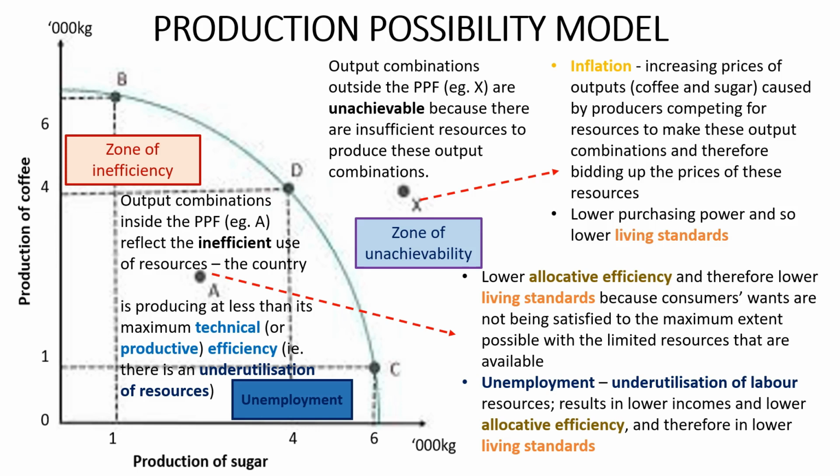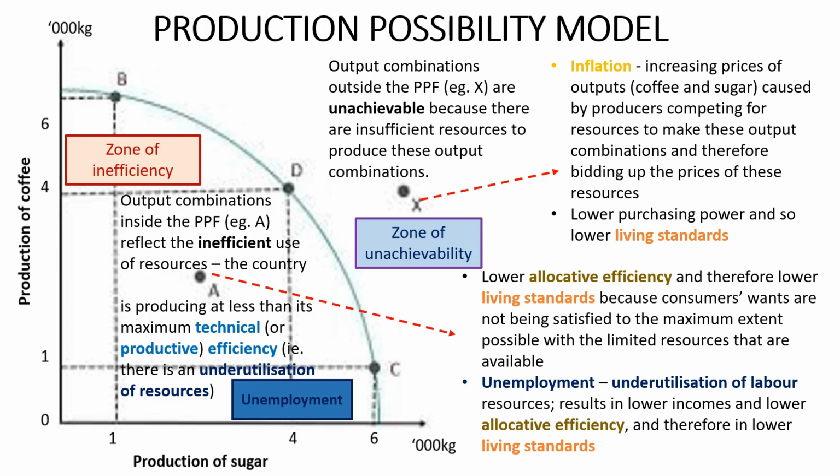For example, if the country tries to produce at point X, then the sugar producers will have to pay higher wages to attract workers in the coffee production industry to come to work in the sugar production industry so that the sugar producers can produce the 7,000 kilograms of sugar.